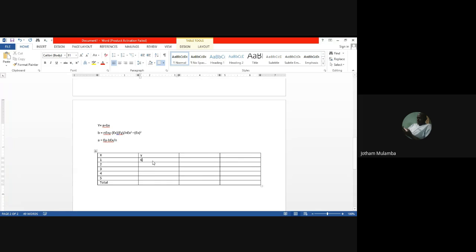So for year 1 it was 650, for year 2 it was 940, then 1260, then we'll have a column for x squared.